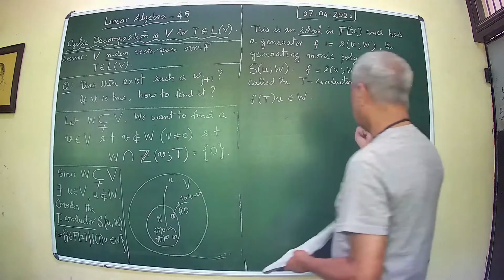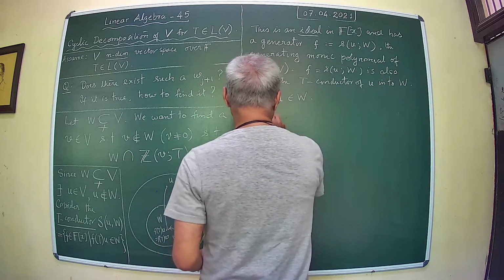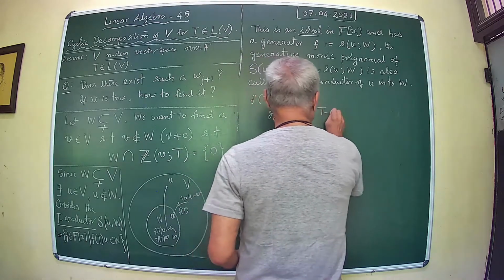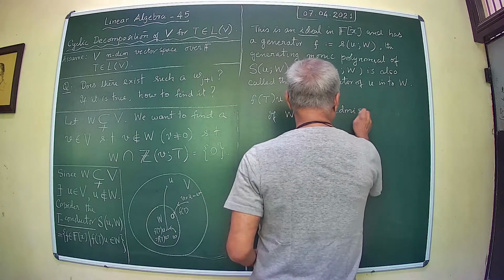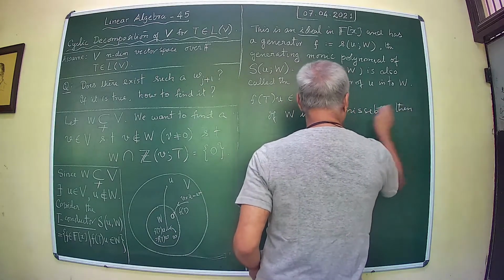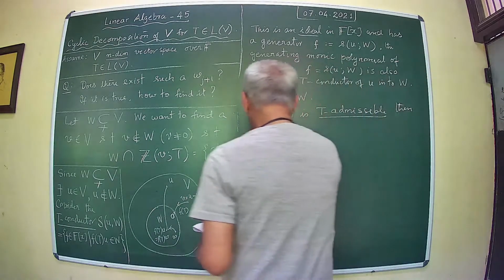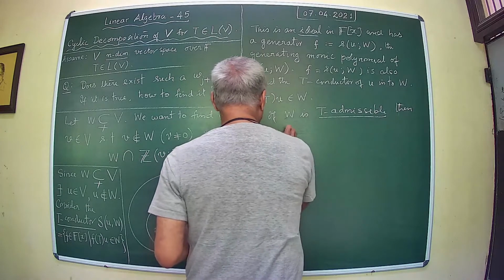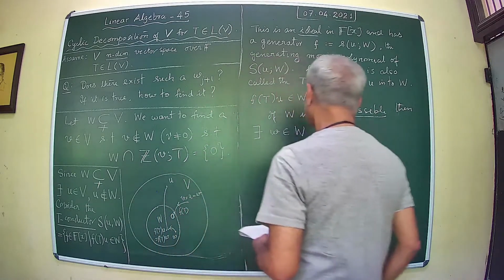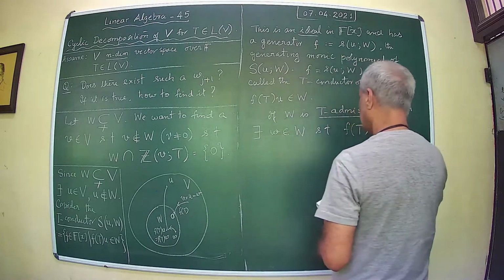If W is T-admissible, then there exists W belonging to W such that f(T)U equals f(T)W.